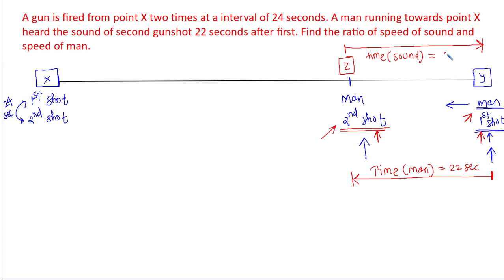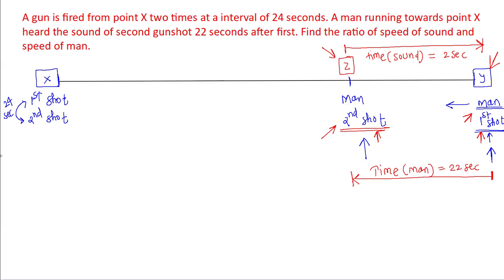Sound requires 2 seconds to travel from point Z to point Y. If the man stands here, he can hear the second gunshot after 24 seconds, but the man came here, that is why he heard it after 22 seconds. So the time taken by sound to travel from point Z to point Y is 24 minus 22, that is equal to 2 seconds.